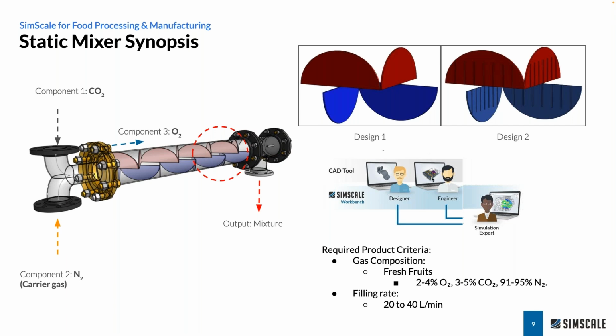They can work together with an engineer to formulate what the inputs, the outputs, and the criteria for this product are, and then move these details to a simulation expert who can simulate this solution and find any improvements, or give the designer feedback that, hey, this design doesn't work, so we need to change a few more parameters or change the plate design to make it more efficient or to customize it for a specific customer.